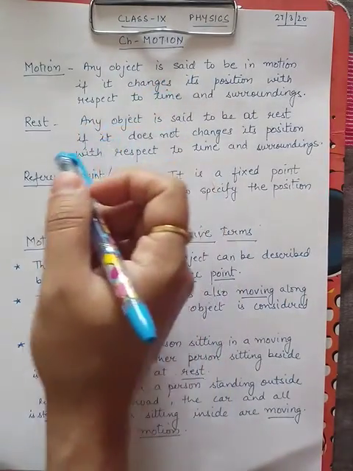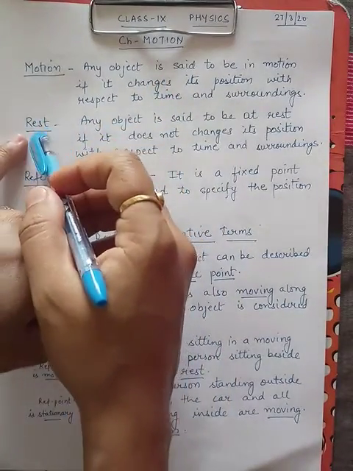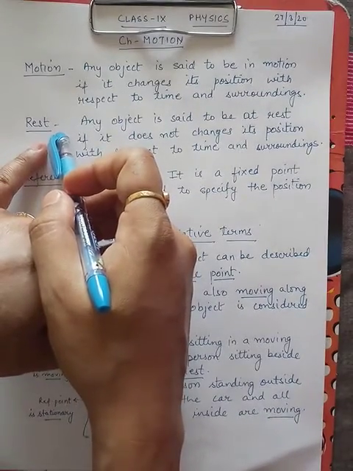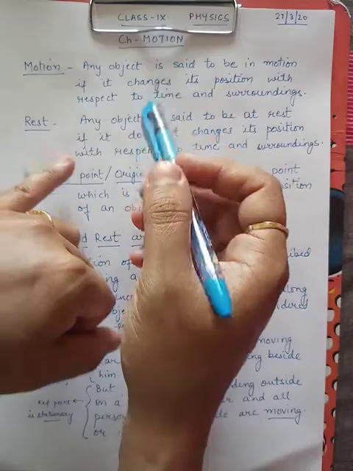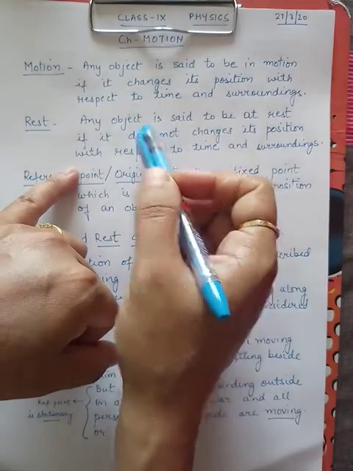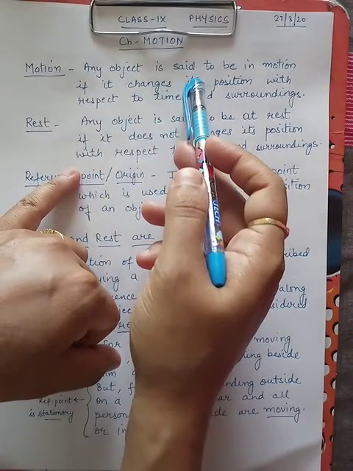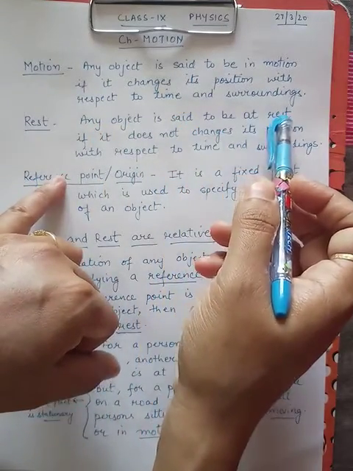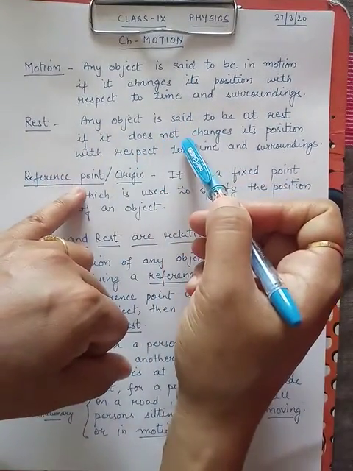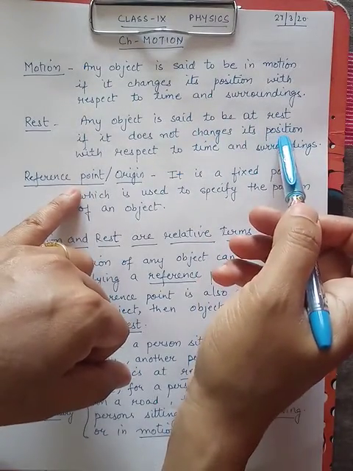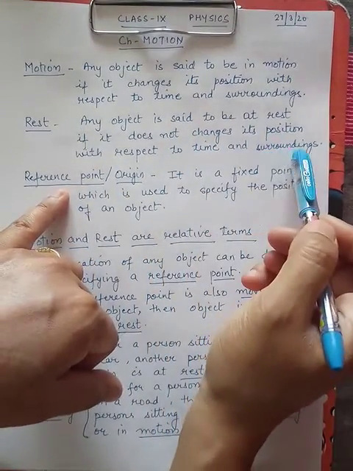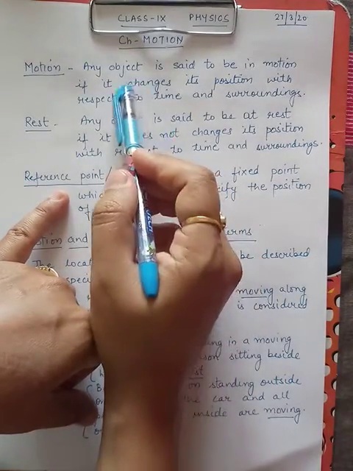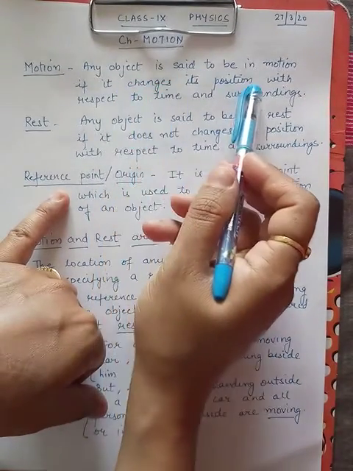So next comes, what do you mean by the term rest? It is defined in a similar manner as we have defined the term motion. Any object is said to be at rest if it does not change its position with respect to time and surroundings. Here it changes its position.